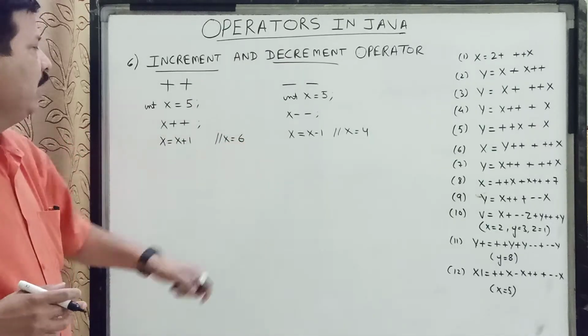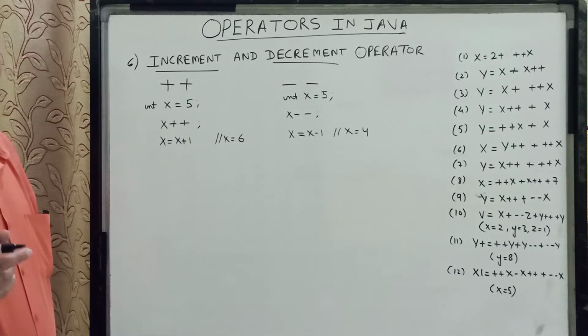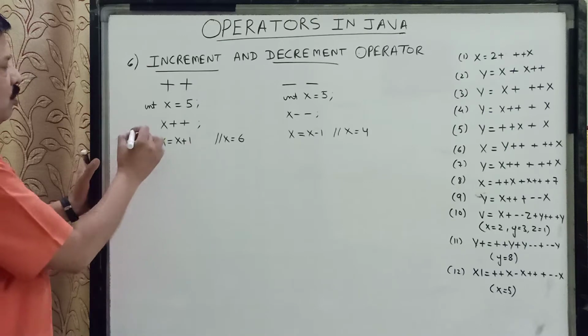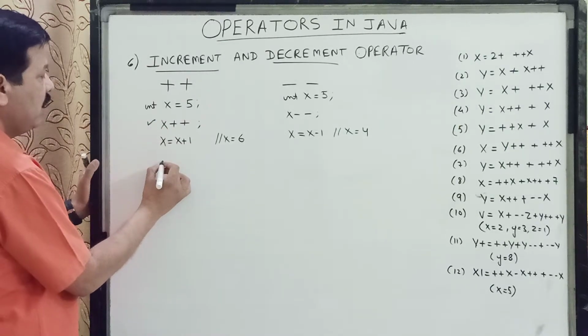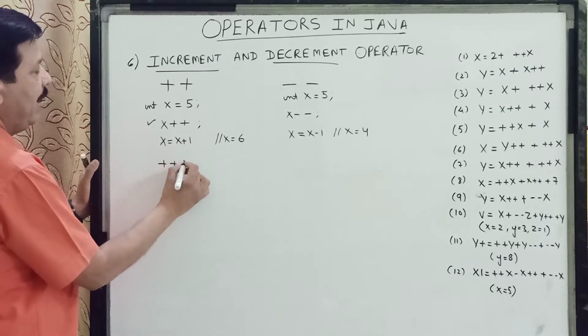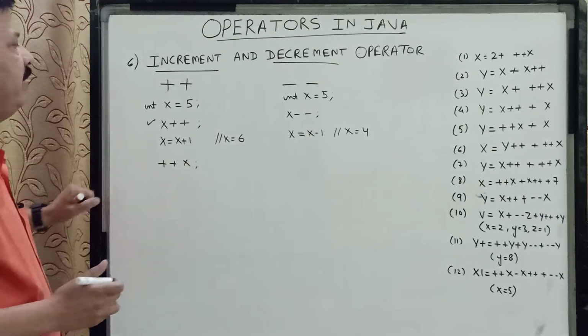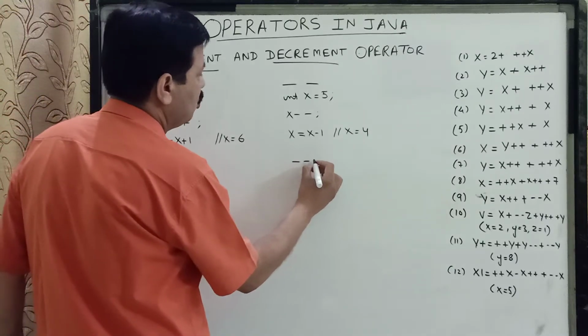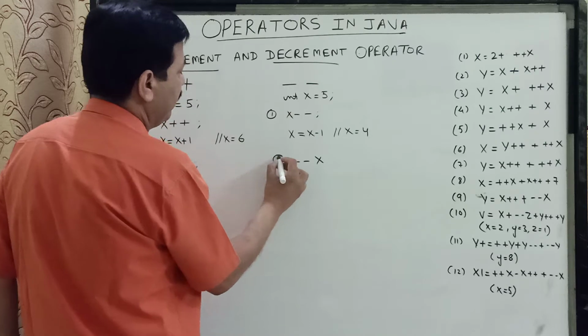So children, an increment operator increases the value of its operand by 1 and the decrement operator decreases the value by 1. Now children, this increment and decrement operator is used in two ways. The operator can be used first and then the operand, and in this way also it can be used over here.